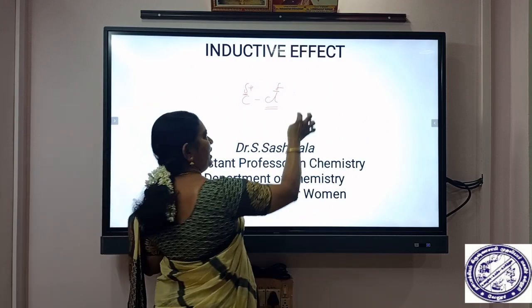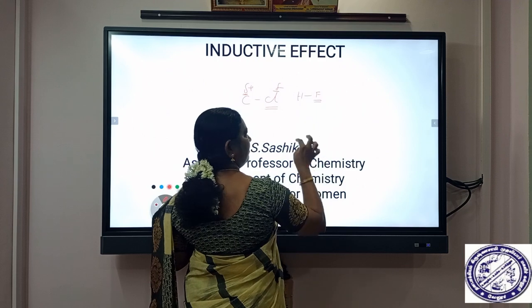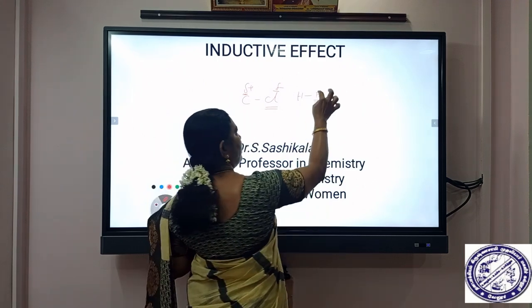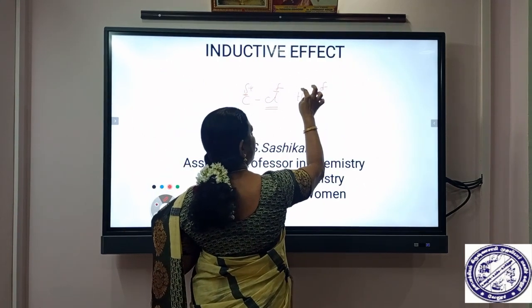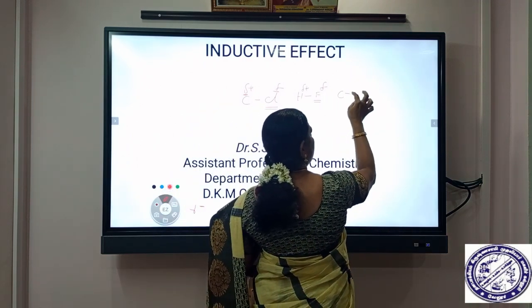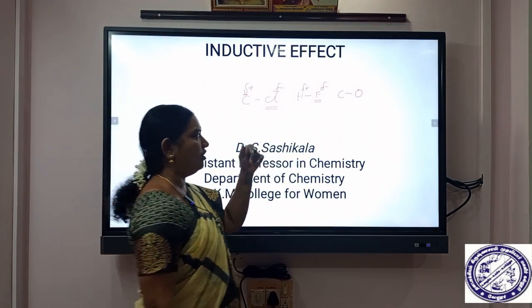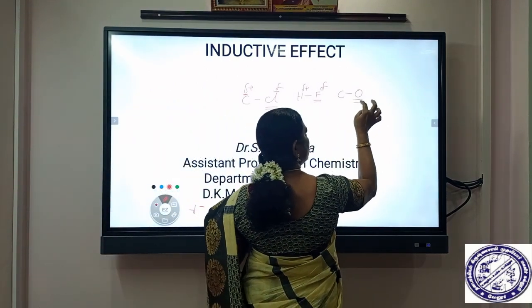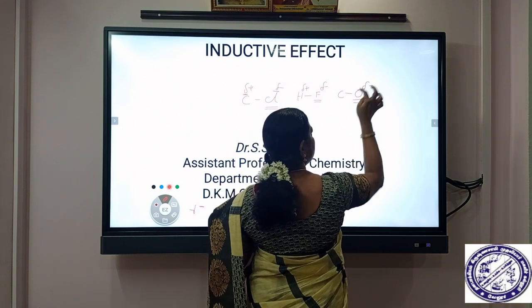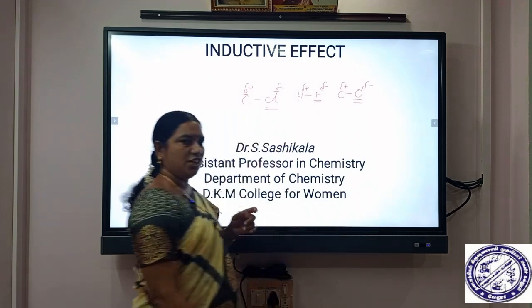Another example, if you take HF, fluorine is more electronegative in nature, and therefore it will possess a slight negative charge, and hydrogen a slight positive charge. If you take the bond between carbon and oxygen, and here I am not considering the number of bonds, oxygen being more electronegative will possess a slight negative charge, and carbon will possess a slight positive charge.